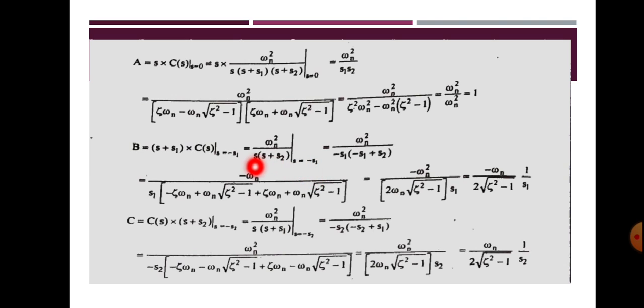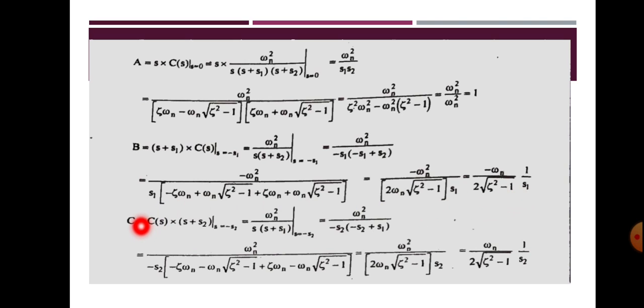So we will get omega n square divided by minus s1 into minus s1 plus s2. Substituting the values for s1 and s2, we will get minus omega n divided by s1 into 2 into square root of delta square minus 1.